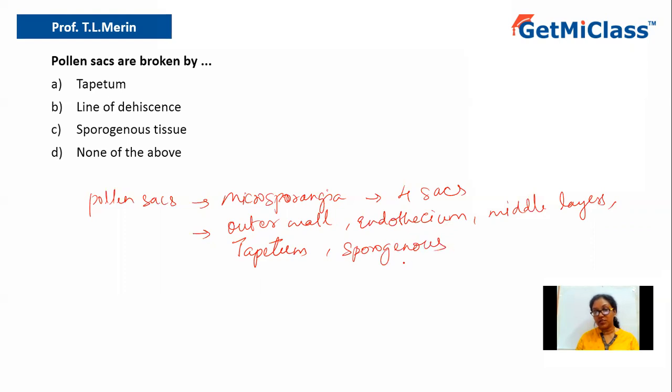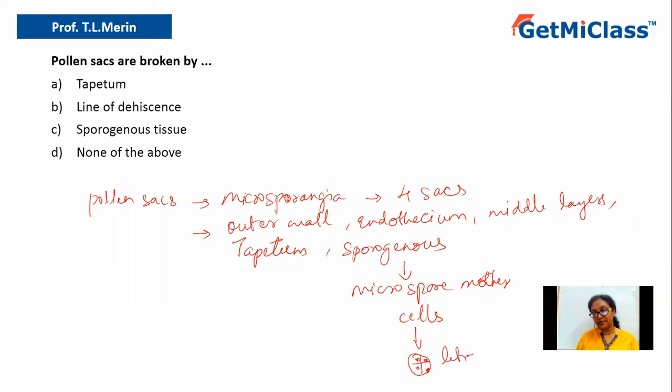Now, this sporogenous tissue consists of certain cells which are called microspore mother cells. These mother cells will give rise to the tetrad, which consists of 4 haploid cells which are attached together.